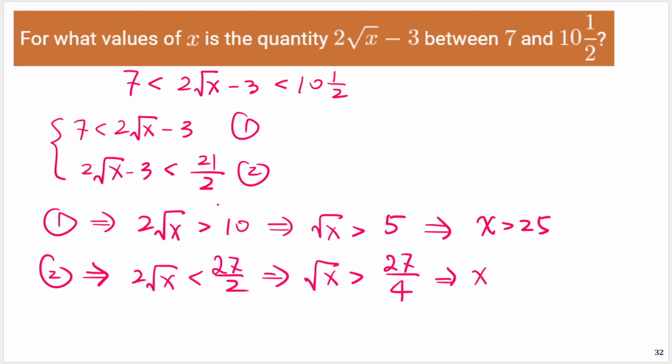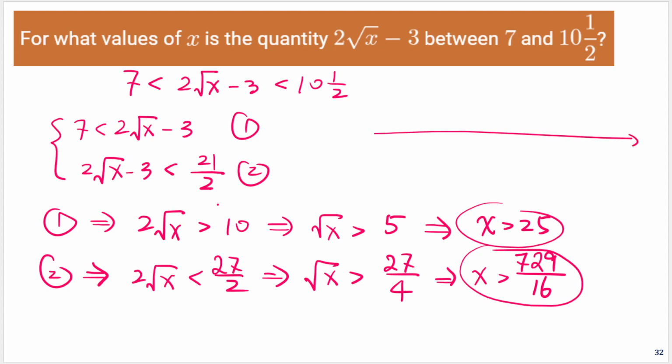This will give us x is less than 441 over 16, right? Because when x equals this number, we have square root of x equals 21 over 4, and we know that x must be smaller than this number to ensure square root of x is smaller than 21 over 4. So the overlapped area is the solution, and we use the number axis to help us find that number.